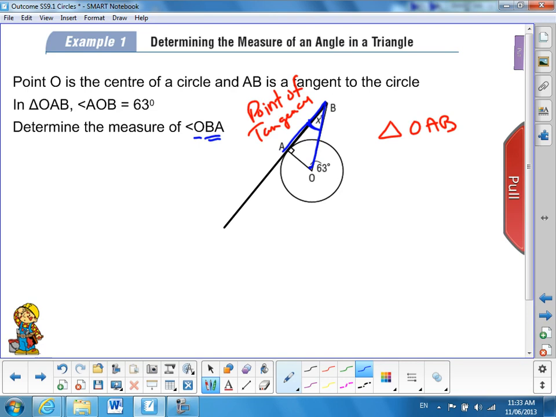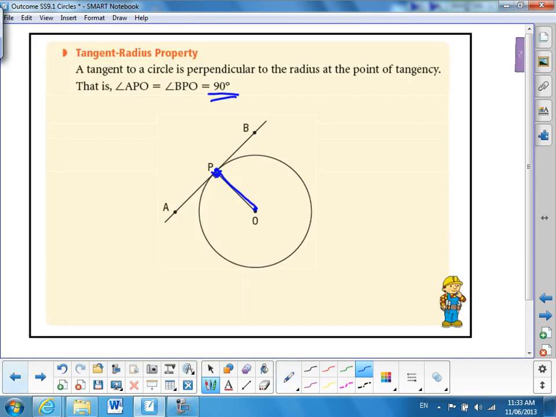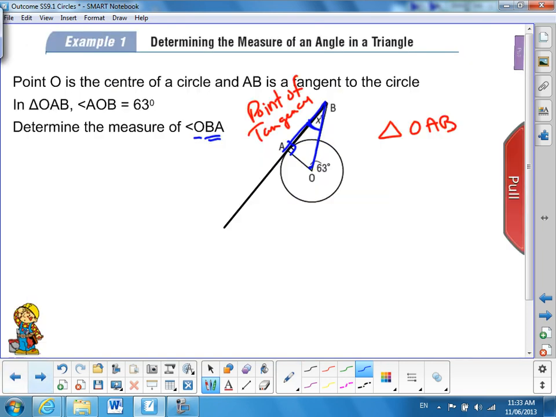Now, we know that angle A is a 90-degree angle from our rule on this page. The radius that goes from the center to the point of tangency will create a 90-degree angle. So we know we have a 90-degree angle here. We know we have 63 here. Well, a complete triangle is 180 degrees.